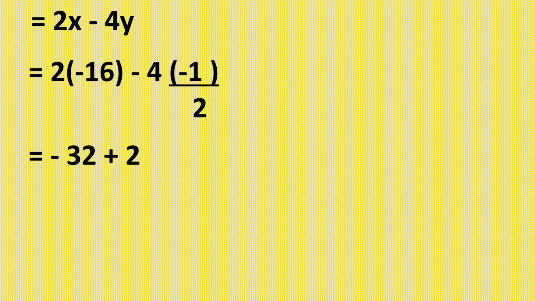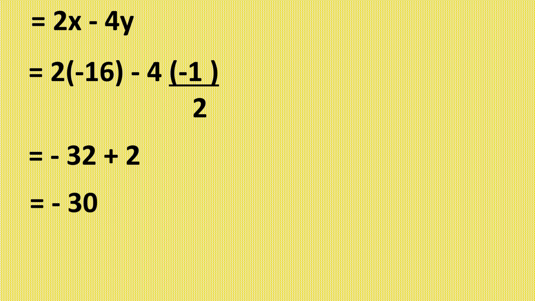So what we'll simply do is to expand. 2 into minus 16 will now become minus 32. And then we have minus 4 into minus half. Minus 4 times minus 1 will be plus 4. Plus 4 divided by 2 is plus 2. So minus 32 plus 2, you're owing 32, you repay 2. So you'll still be owing, but you'll be owing less, you'll be owing 30.